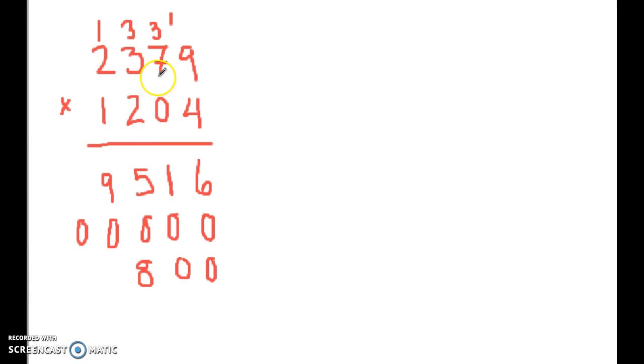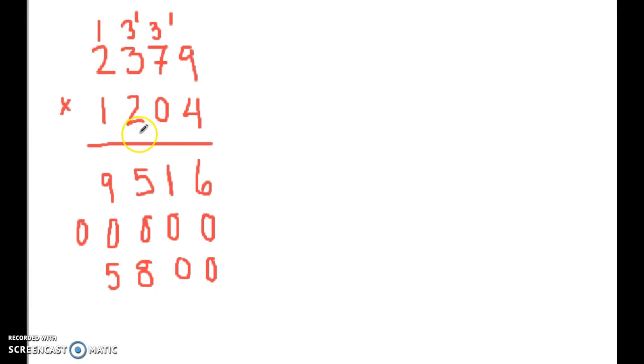So it's going to be 14, and our 200 times 70 is really 14,000. So we're going to drop our 4 into the hundreds place, but we have to remember to add the 1, so it's really 15,000. So we drop our 5 and carry our 1 to be counted over here.